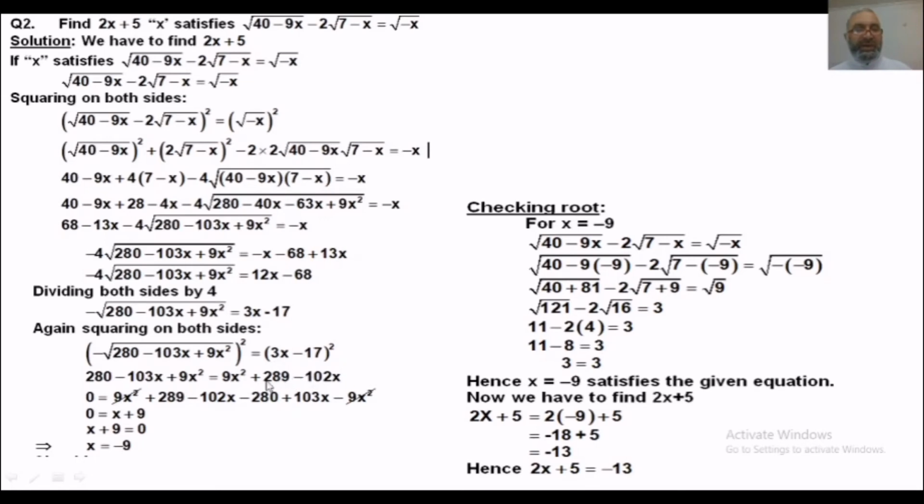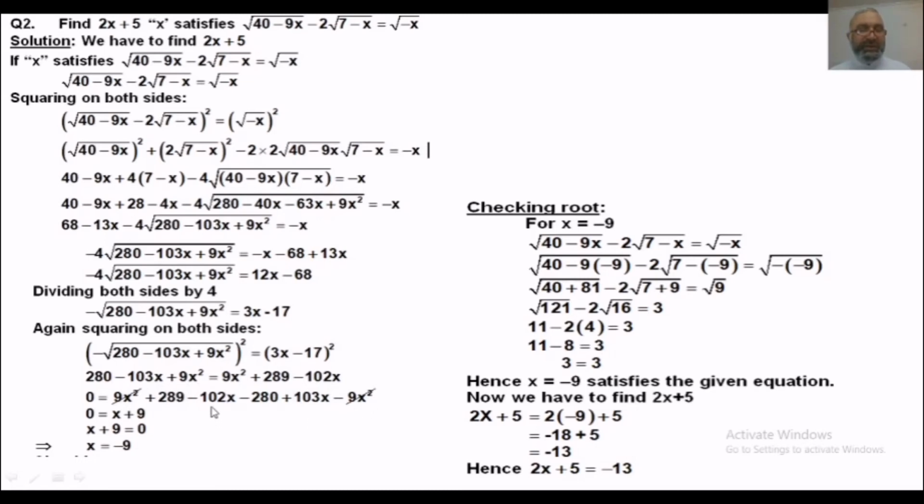We get this one. Again transferring all terms to the right hand side, we have 0 is equal to 9x square plus 289 minus 102x, and that becomes minus 280 plus 103x and minus 9x square. So plus 9x square minus 9x square cancel.